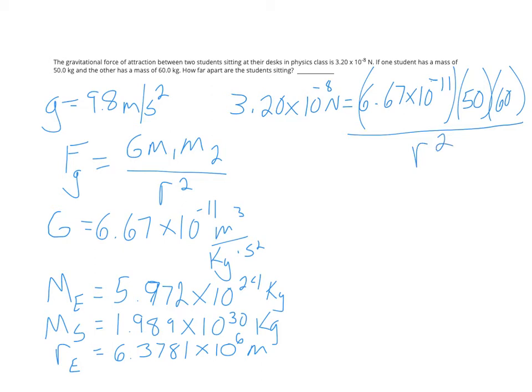So I'll type this into my calculator and take the square root: 6.67 times 10 to the negative 11 times 50 times 60 divided by 3.2 times 10 to the negative 8th, and then I take the square root, and I end up with a distance between the two students of 2.50 meters.